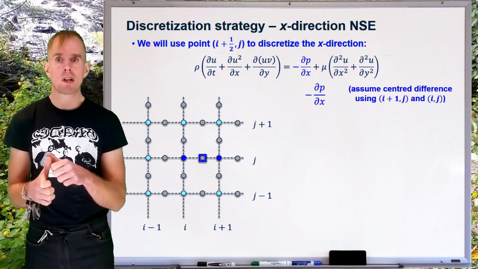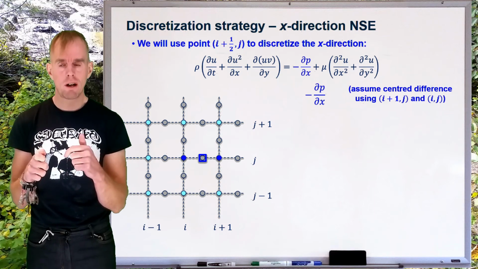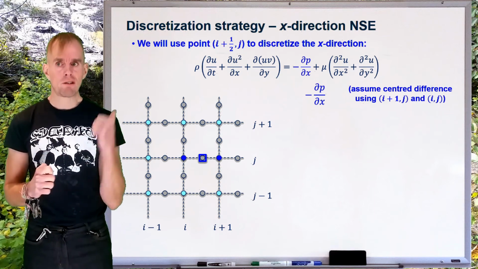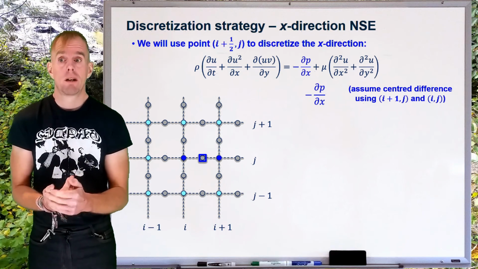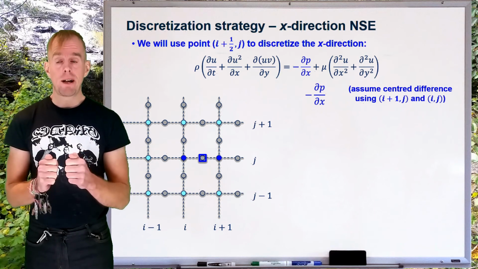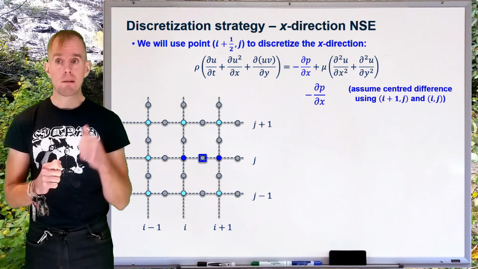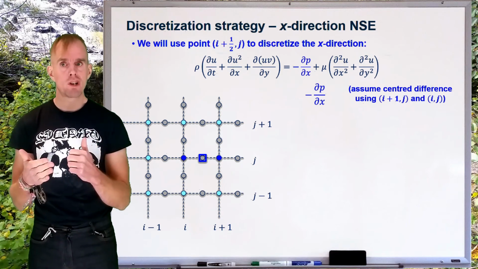And we know that pressure only exists at intersection points, which are the round circles. So there's a square symbol there in blue because there isn't a pressure node there. Filled symbols means that the data exists. And so what we have is dp by dx discretized at point i plus a half, j.